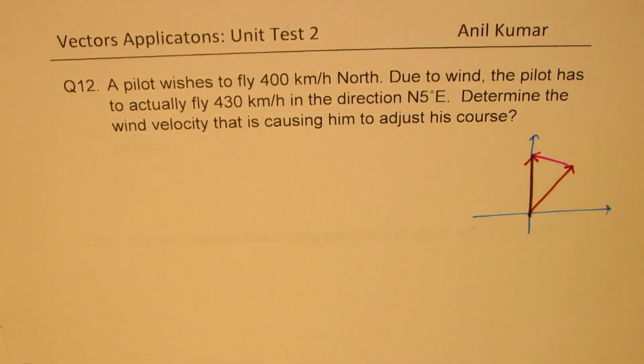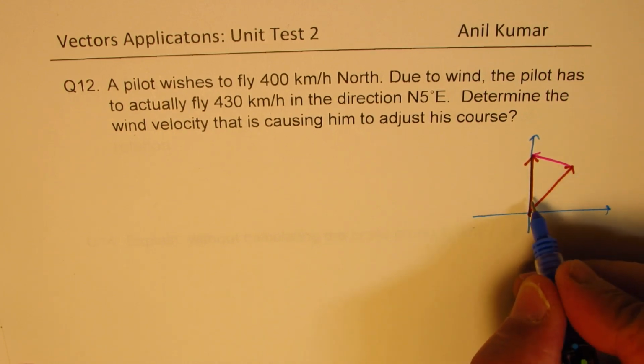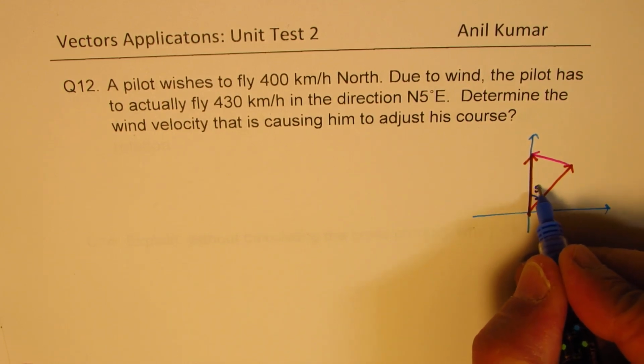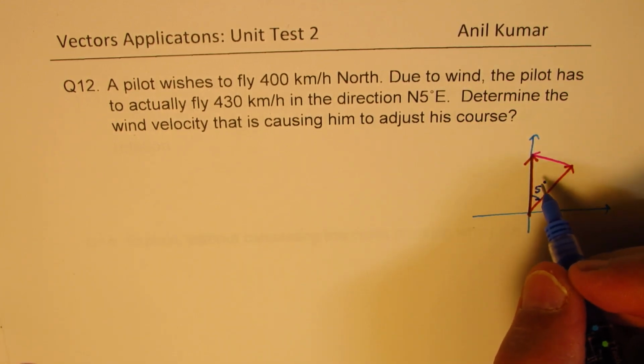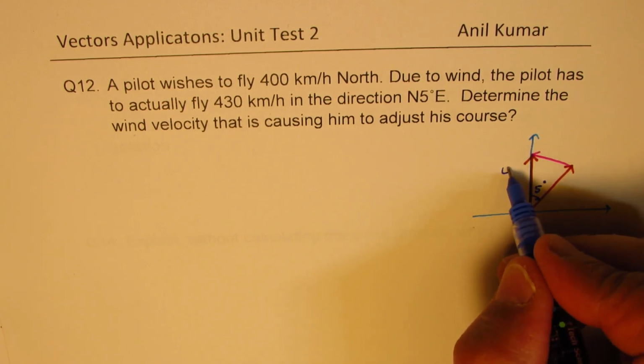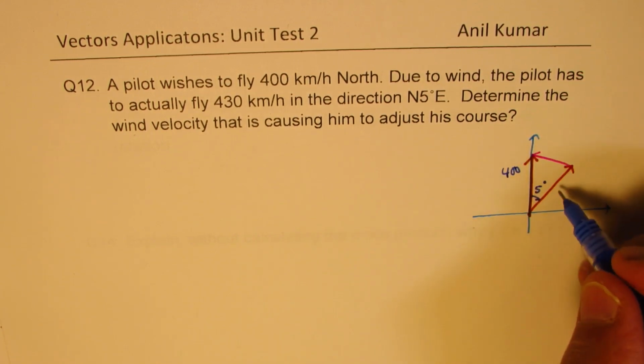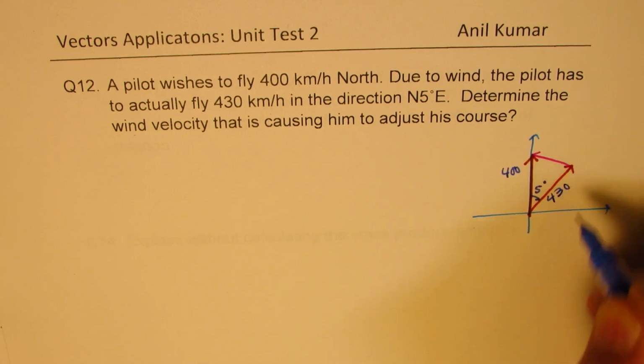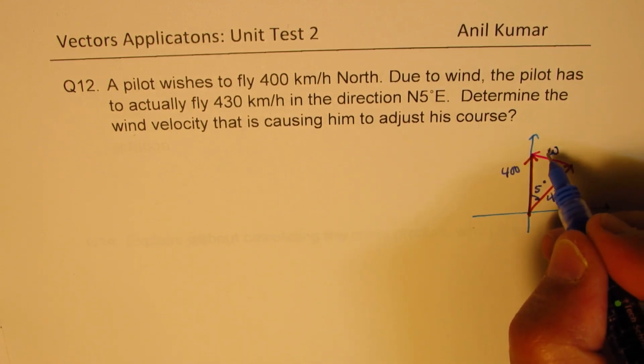So that is the wind. What we are given here is that this angle is 5 degrees, and this side represents 400 and the other side represents 430. We need to find the wind velocity.